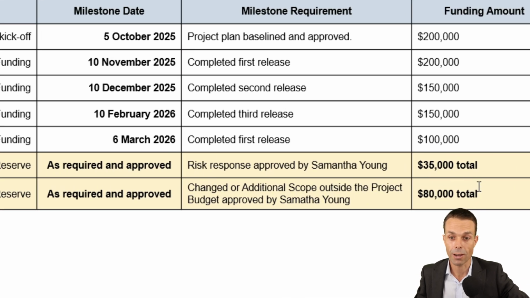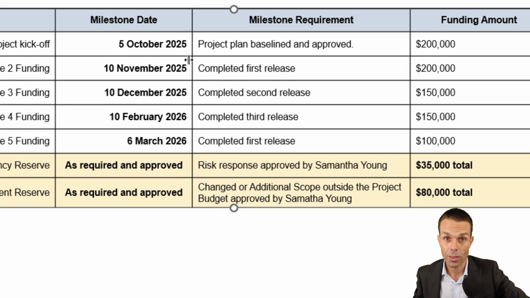So hopefully we don't have to use these two things, but if we do, we've got the milestone requirement or the funding requirement here outlined in our plan. So for our contingency reserve, the risk response has to be approved by our business owner, Samantha Young, and the management reserve, any changed or additional scope outside the project budget has to be approved by our project sponsor, Samantha Young, as well.